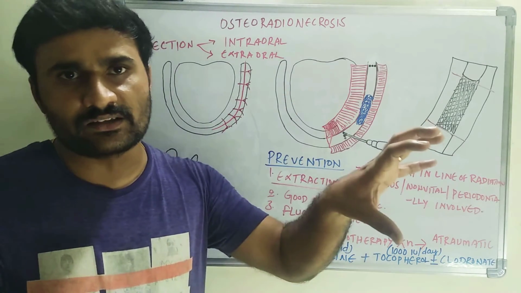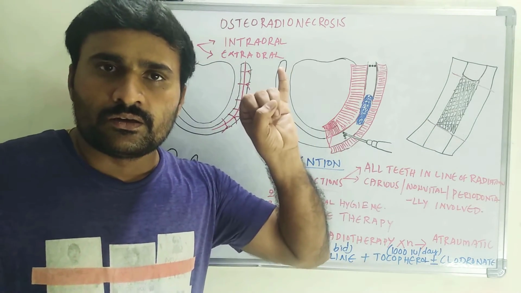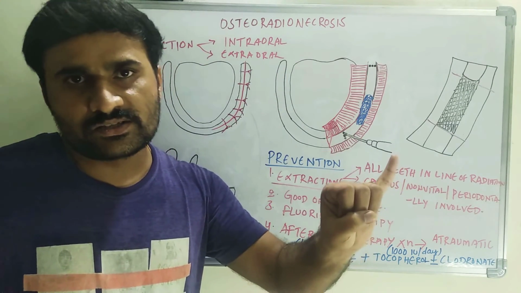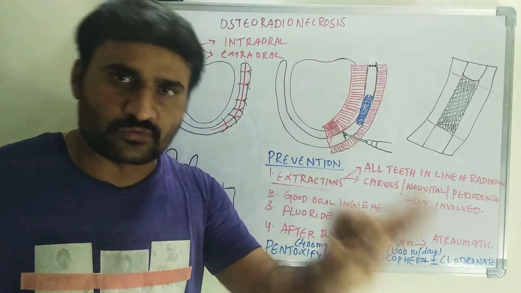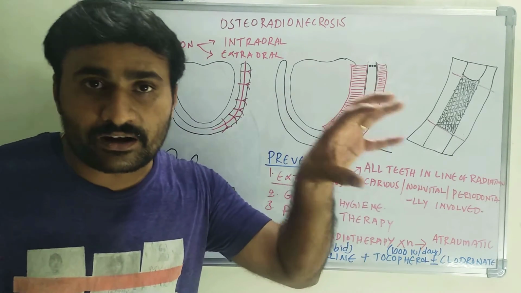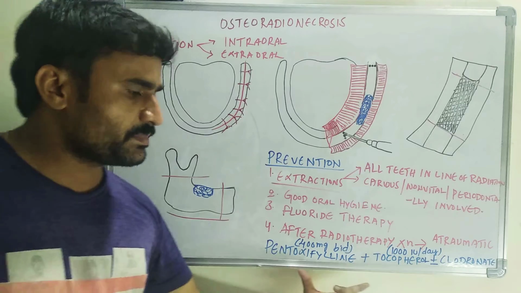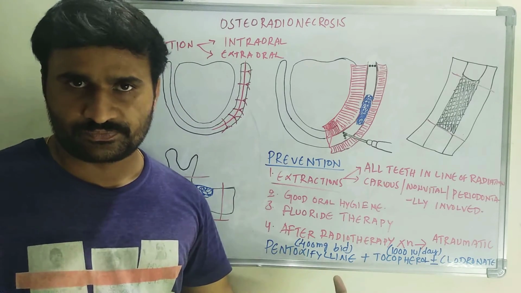That theory says like that. It is due to the free radicals, oxygen free radicals, plus due to the radiation-induced fibrosis. So according to that theory, this drug regimen works.